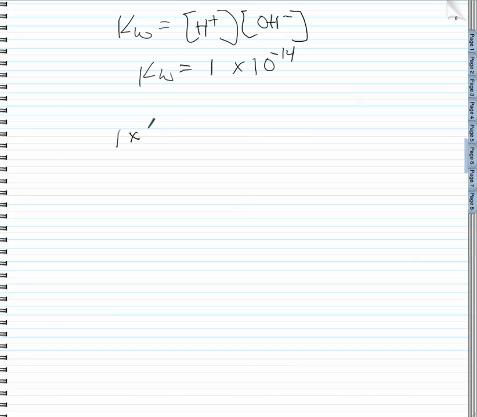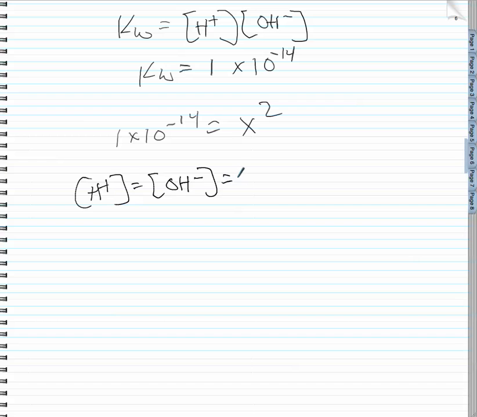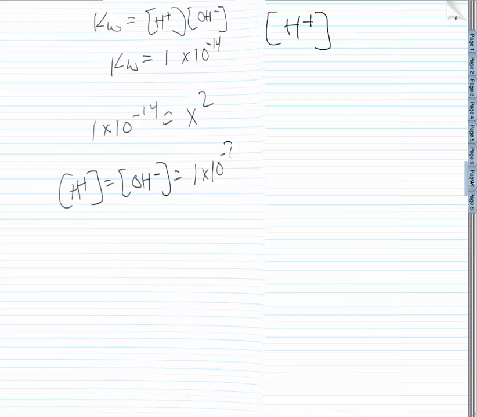So 1 times 10 to the negative 14th is going to be equal to x squared, where x is the concentration of each of these, which is exactly the same. And so our H plus concentration, which is equal to our OH minus concentration, when we're talking about just pure water, is going to be equal to 1 times 10 to the negative 7th. And that's going to be important in just a second here.